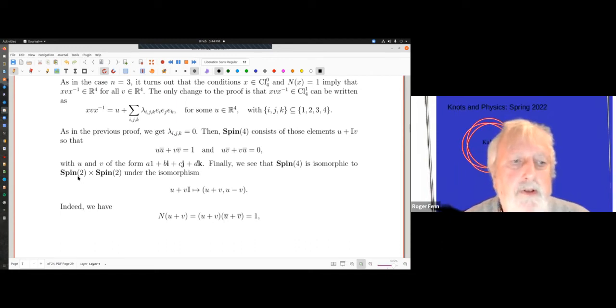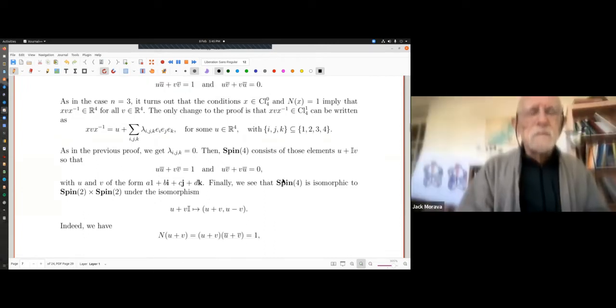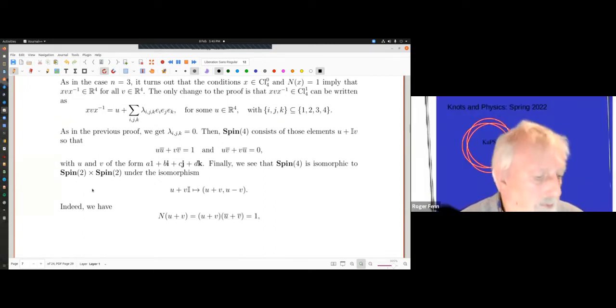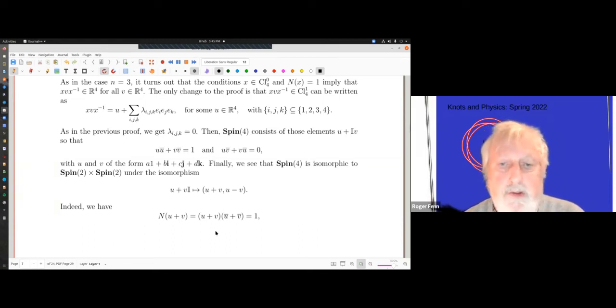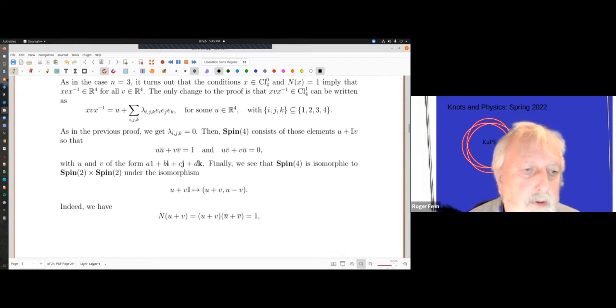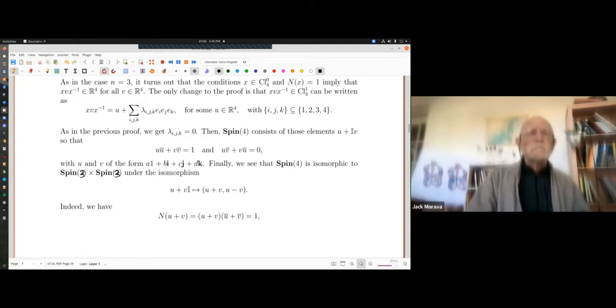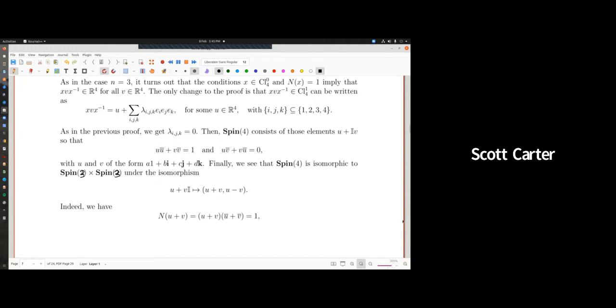I'm wondering if this is another misprint. Yes, yeah. I guess I should have. But I mean, it's his paper. Yeah, that looks better. That looks like what he's proving too.